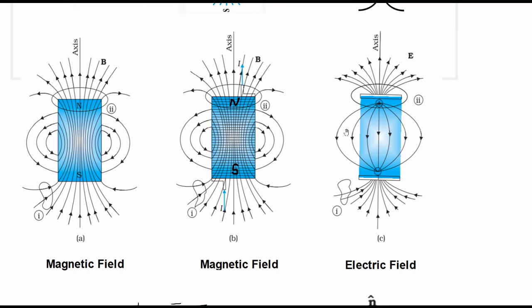But the situation is different for magnetic fields which are continuous and form closed loops. In figure A and B, for both the closed surfaces 1 and 2, the number of magnetic field lines leaving the surface is balanced by the number of magnetic field lines entering it.